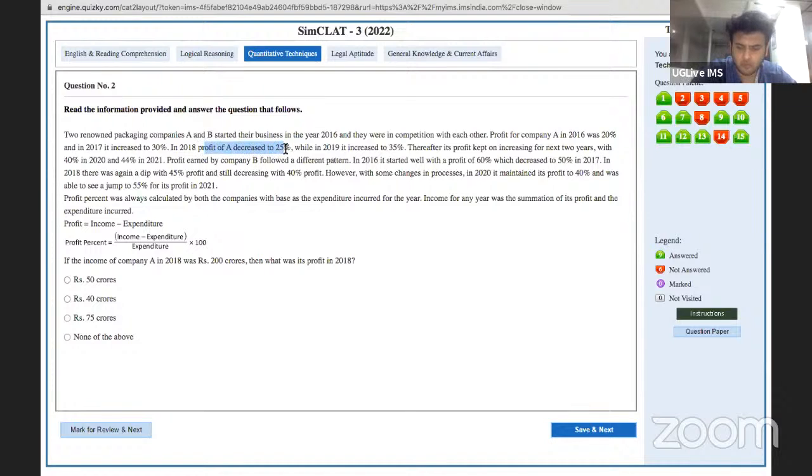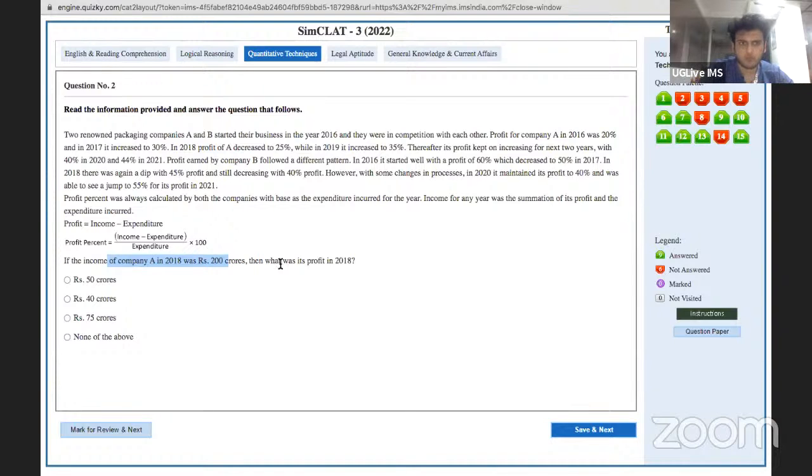100 crores, okay, 25%. Profit is income minus expenditure. ठीक है, income minus expenditure. और क्या बोल रहा है? और बोल रहा है income of the company 2000 crore.